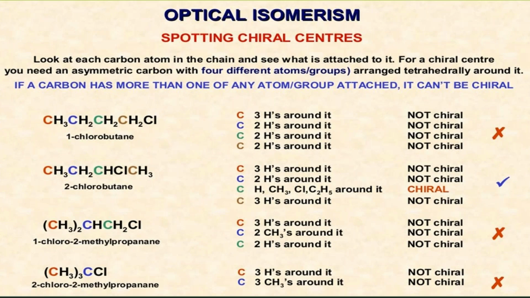The carbon is attached to 4 different atoms: one is hydrogen, one is methyl, one is chlorine, and one is ethyl. So 2-chlorobutane has a chiral carbon. Chiral carbon means there is optical activity and there are optical isomers for this. And the last carbon again has 3 hydrogens, so it is not a chiral carbon.